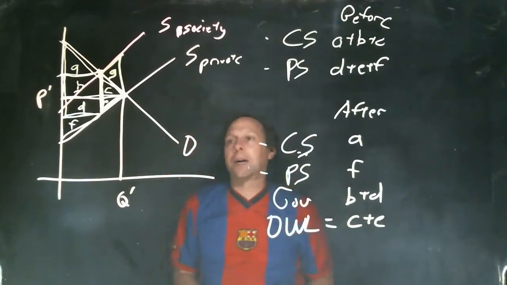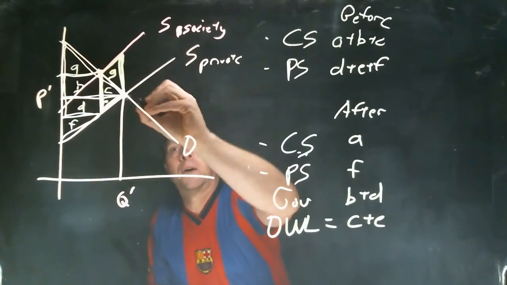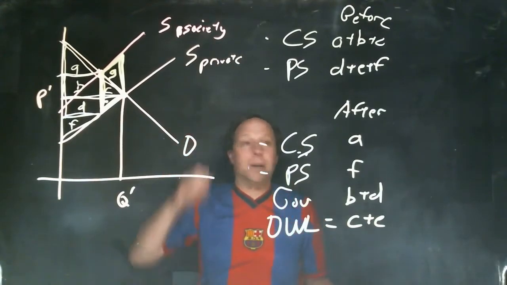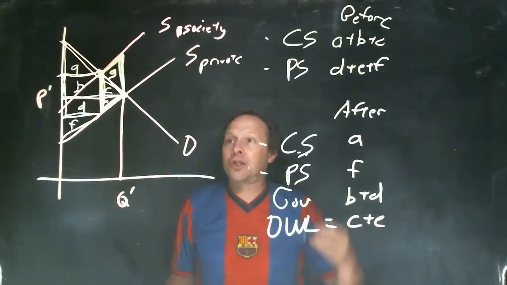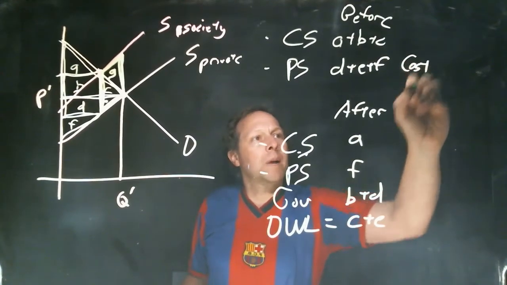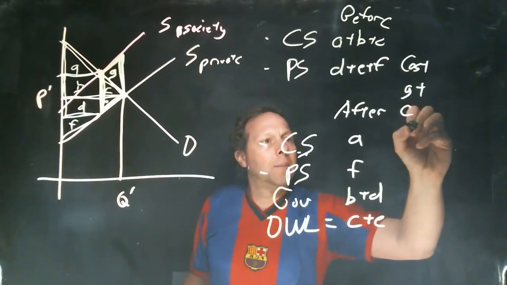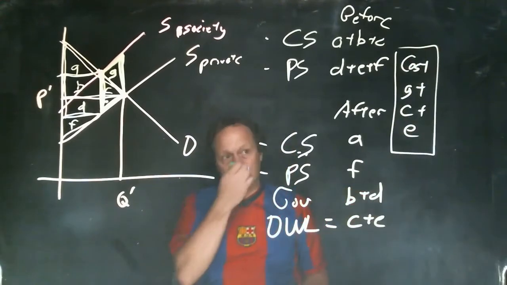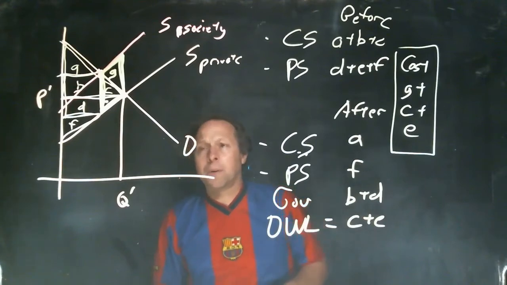But this whole area here represents costs to society that we have not been considering, that additional external cost, right? And that external cost is equal to G plus C plus E. So the external cost here is that area C plus G plus E, right?